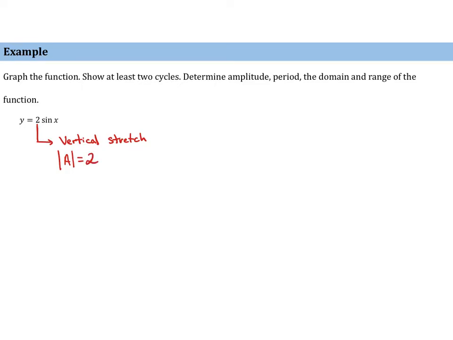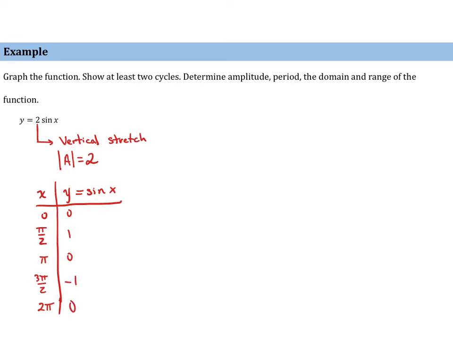So let's look at what our original parent function was. These were our original values. But now we have our table changes with the outputs, unlike the previous example.